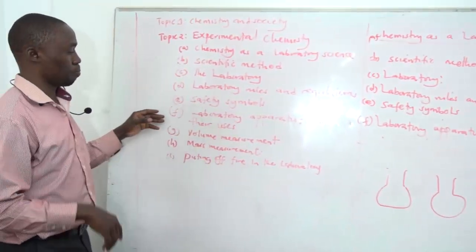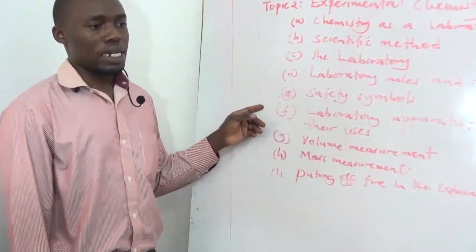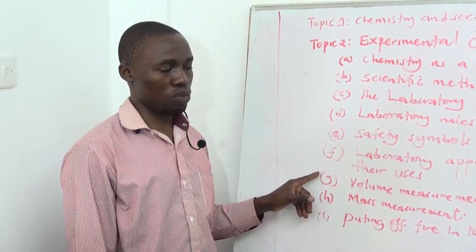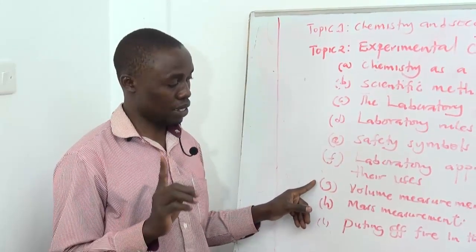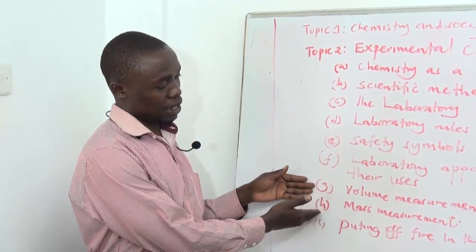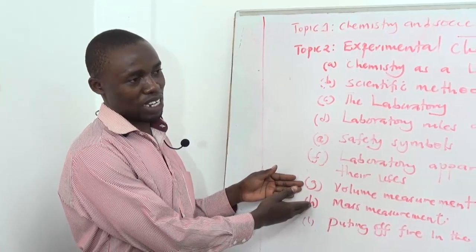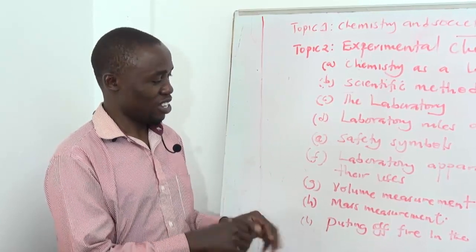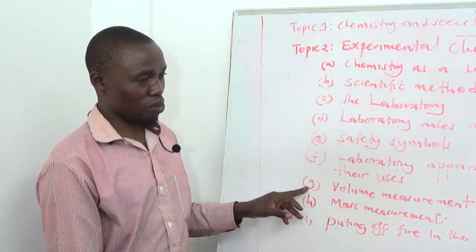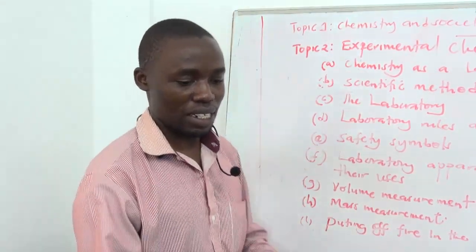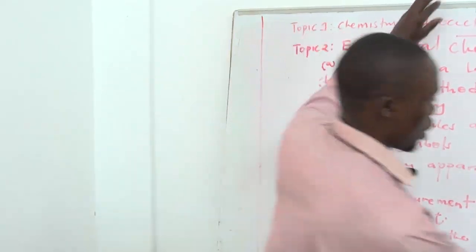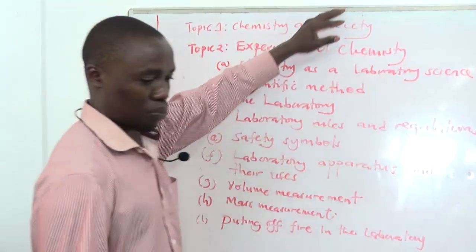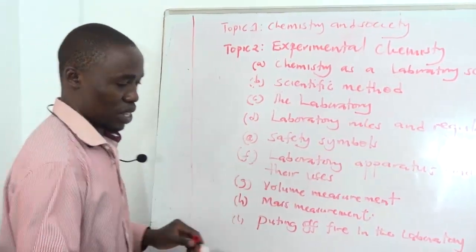Now, look here. We are turning on to volume apparatus, volume measurement. Then we summarize mass measurement, and finally putting off fire. And that will be our lesson for today. Now, volume measurement. Let us particularly look at apparatus for measuring volume.